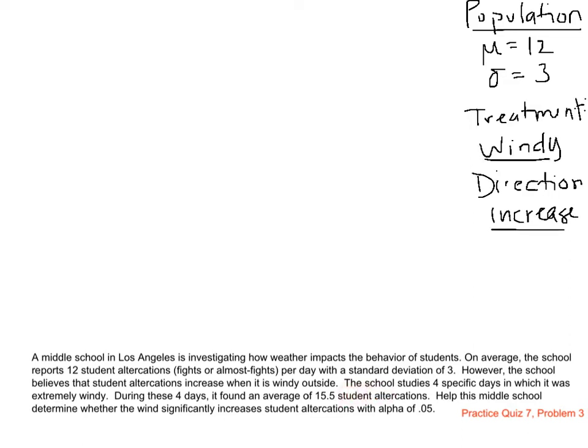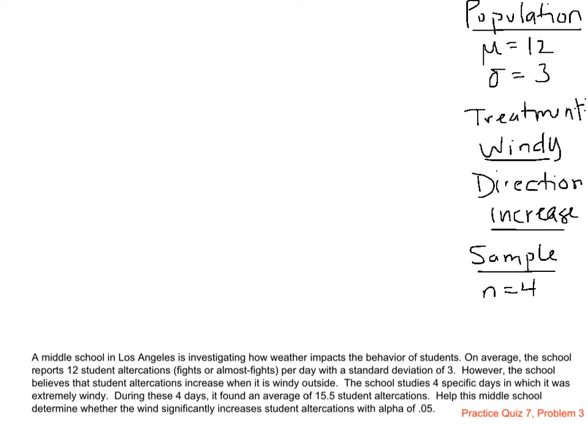And the problem continues. The school studies 4 specific days in which it was extremely windy. So even though we're not talking about particular people here, we're still talking about a count. And in this case, they're counting 4 days in which the treatment is seen. So here we're referring to the sample, and we have a sample of 4 days, so that's my n.